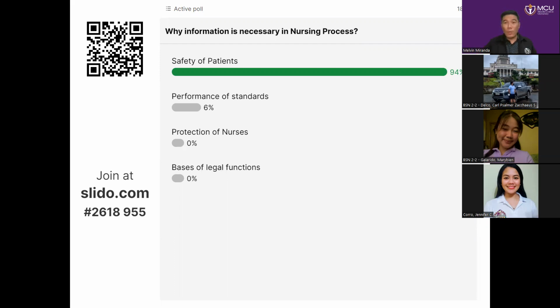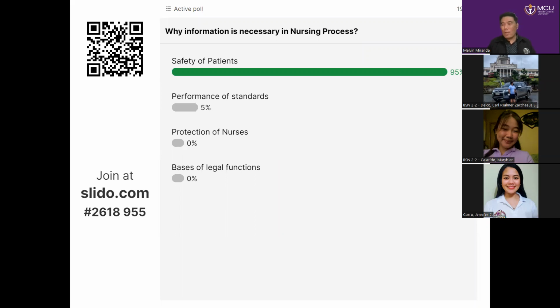Okay, while waiting for the responses of the others, we have considered here safety of patients. Are you considering that information is very important for the safety of patients? Everything that you perform on your patient will need information as a basis for decision.